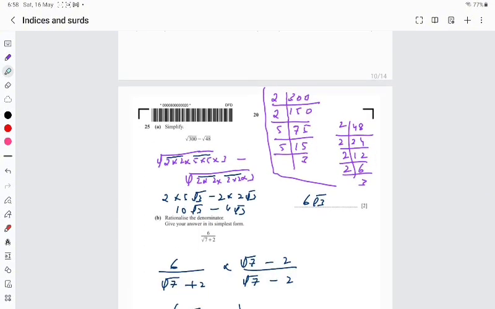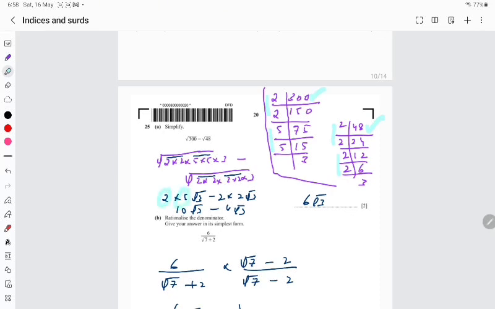Then again it is simplify. Square root of 300 minus square root of 48. Again you go for prime factors of 300 and 48, and anything which is appearing two times will come out of the surd sign. So you can see in 300, 2 and 5 are coming two times.